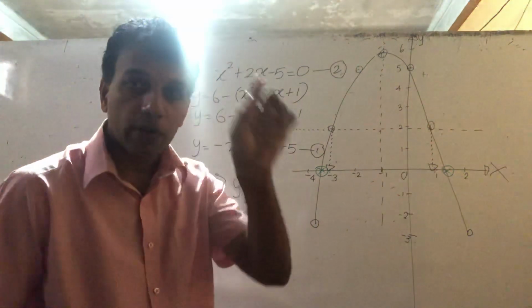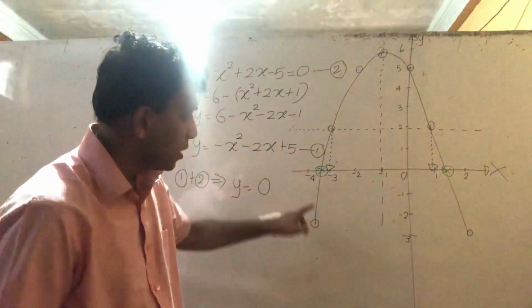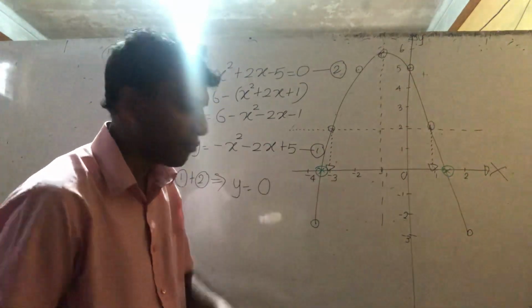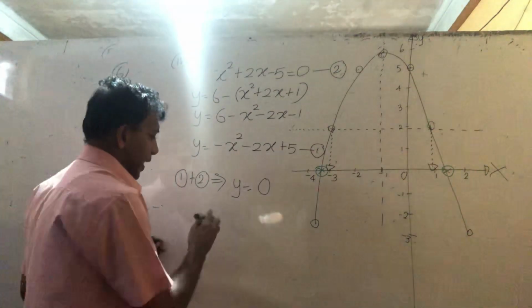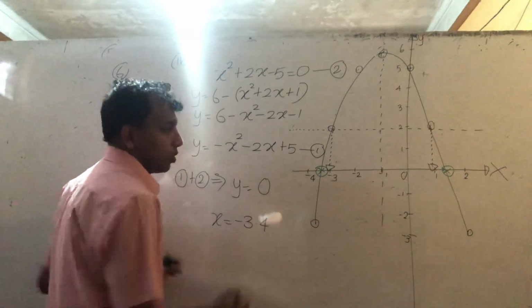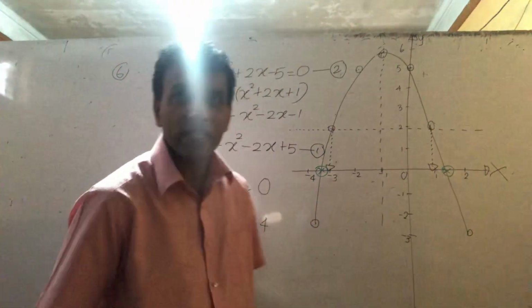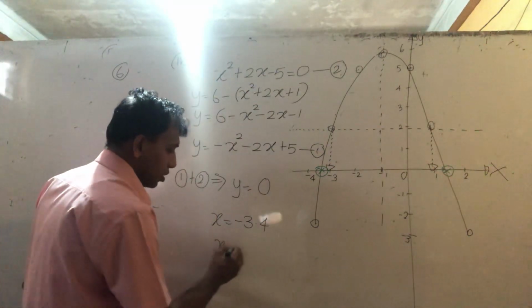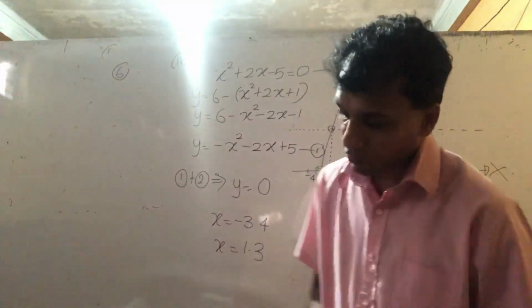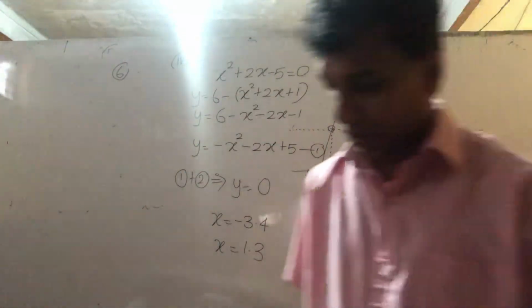If you draw properly on a graph sheet, you can see this is maybe minus 3.4, x equals minus 3.4, and here maybe 1.3, x equals 1.3. These are the two solutions of such quadratic equations.